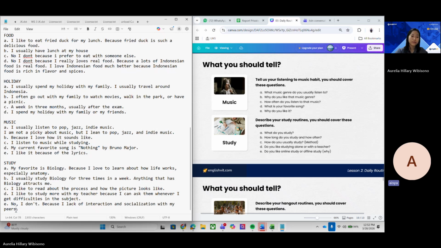Okay, peers. Because I lack interaction and socialization with my peers. Could you repeat the sentence? Okay, because I lack interaction and socialization with my peers.